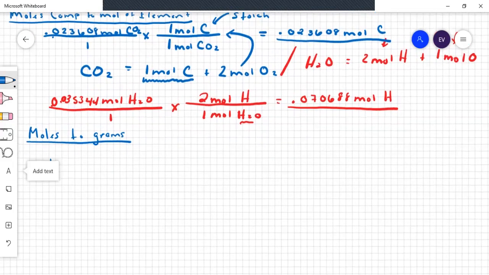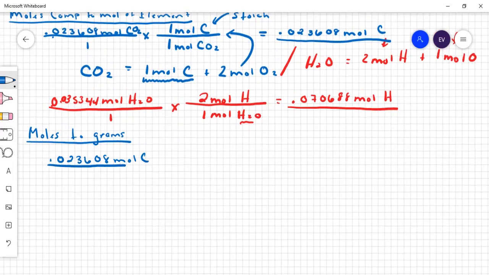Given that I have 0.02368 moles of carbon, I'm going to convert that to grams, and you'll see why in just a minute. I know that 1 mole of carbon is equal to 12.01 grams of carbon.